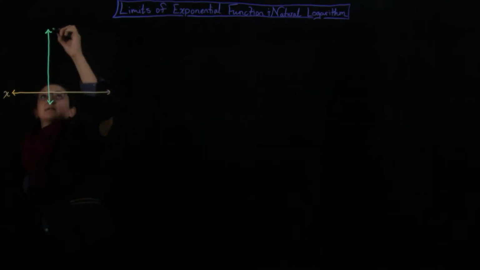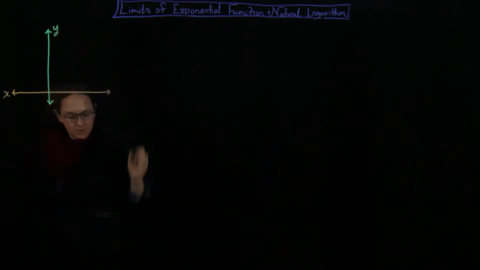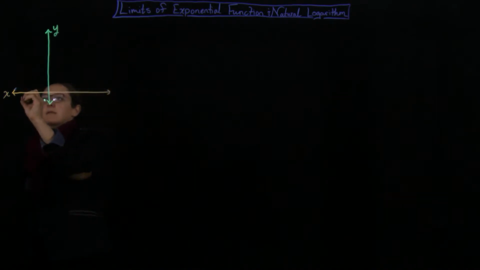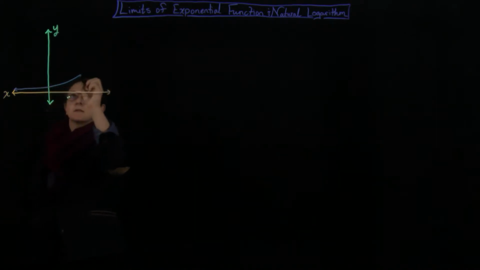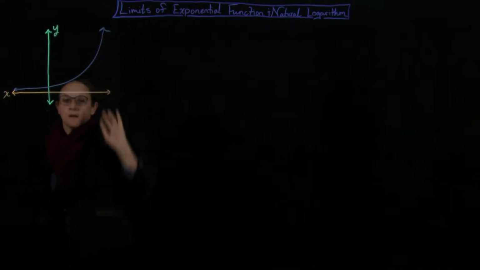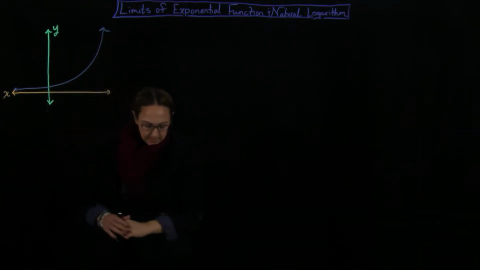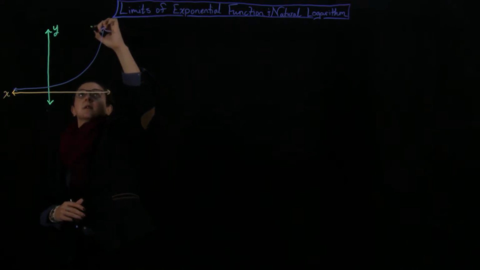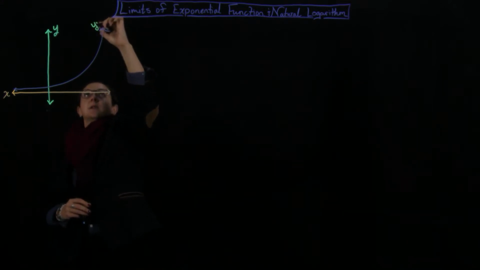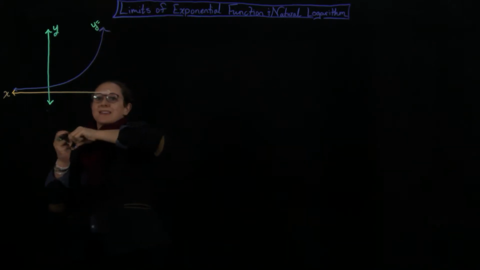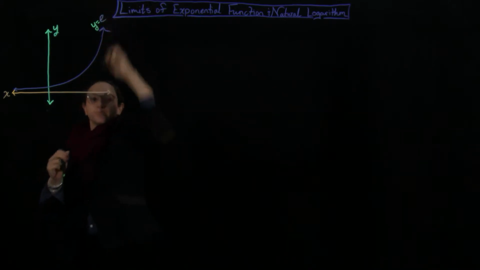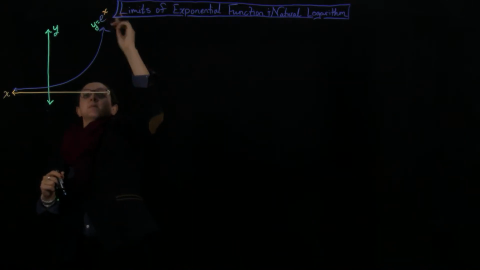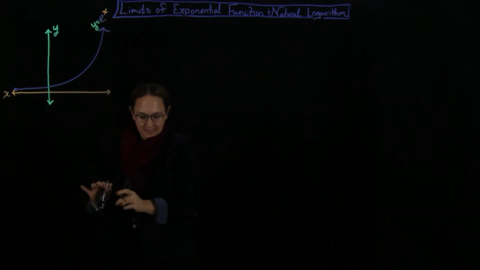So we have X and Y. And then I'll just draw this with blue, what the actual graph looks like. It goes like this. Okay, and this would be y equals e to the x, which is also the function we're looking at here.